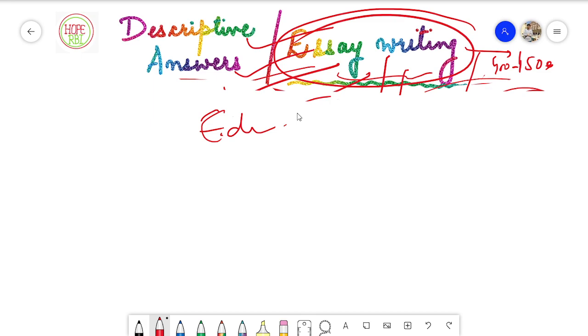Even if you feel you don't need to, read it for your own sake, because your aptitude should be so good that it will help you even in the interview section. Not only for descriptive answers, but for your opinion framing skills, it is very important to read the newspapers. At least read the editorial sections. Very, very important for you guys.